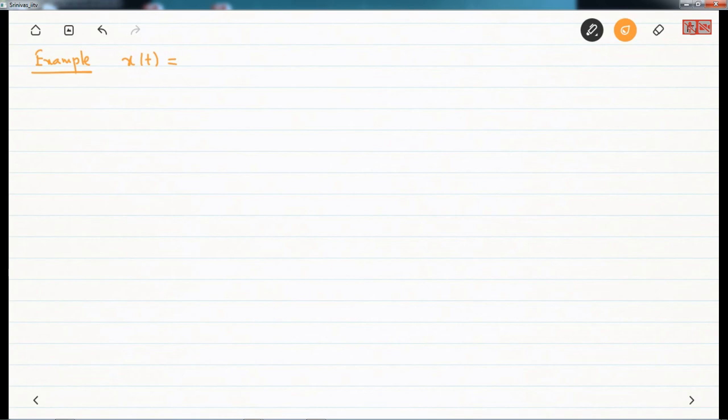So x of t is equal to e power 2t u of minus t, and h of t equal to u of t minus 3, right? So again the problem is the same. What is y of t?